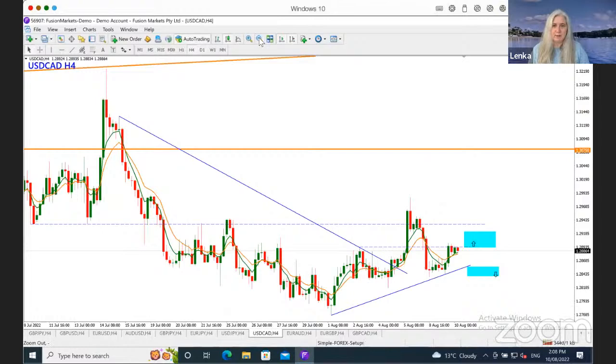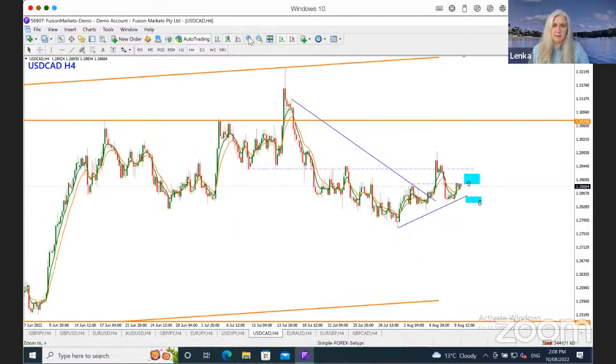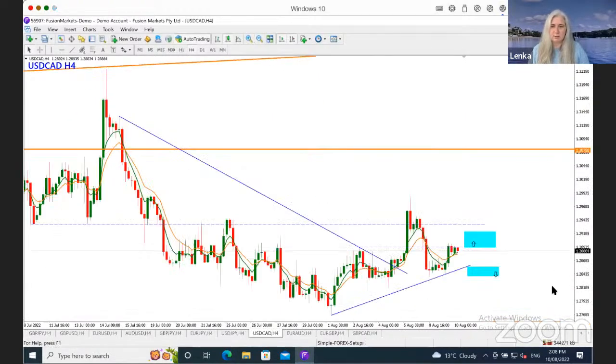So on the 4-hourly time frame, that is long if we have a close above, because at the moment there is a little bit of resistance at that point on the 4-hourly time frame. So if we have a close above, then I would be looking for long, and then looking for that long to go to the previous high, or even to the top of that, where the previous level of resistance is.